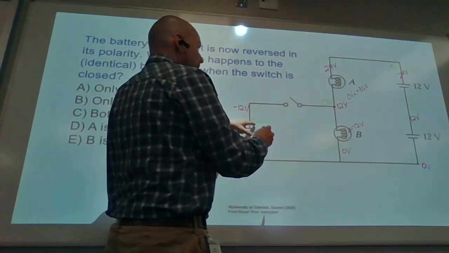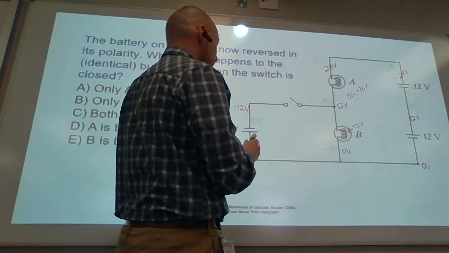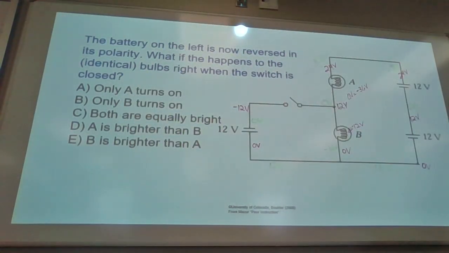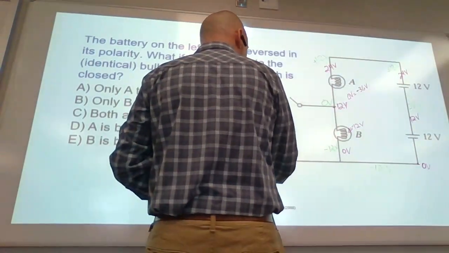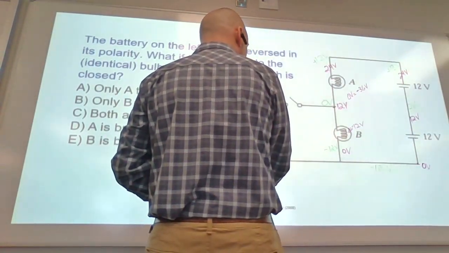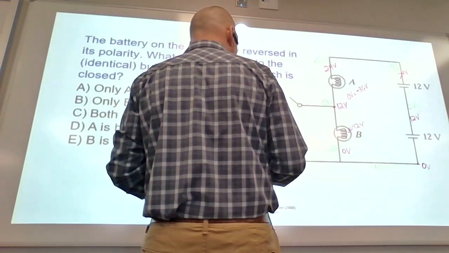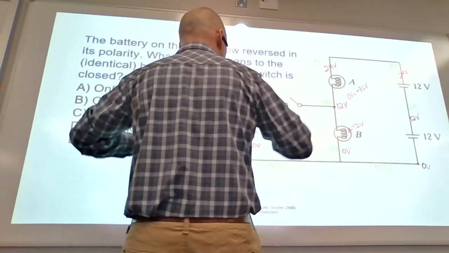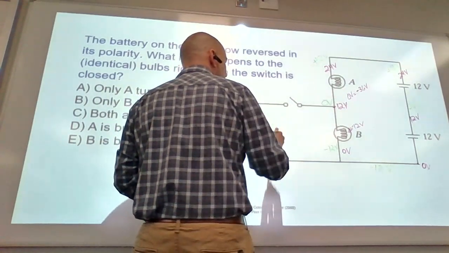Oh dear. Hold on a second. That's not 0. This is negative 12, I agree with that. So it has to be negative 24 because of the battery. It's still 24. So negative 24 volt drop.